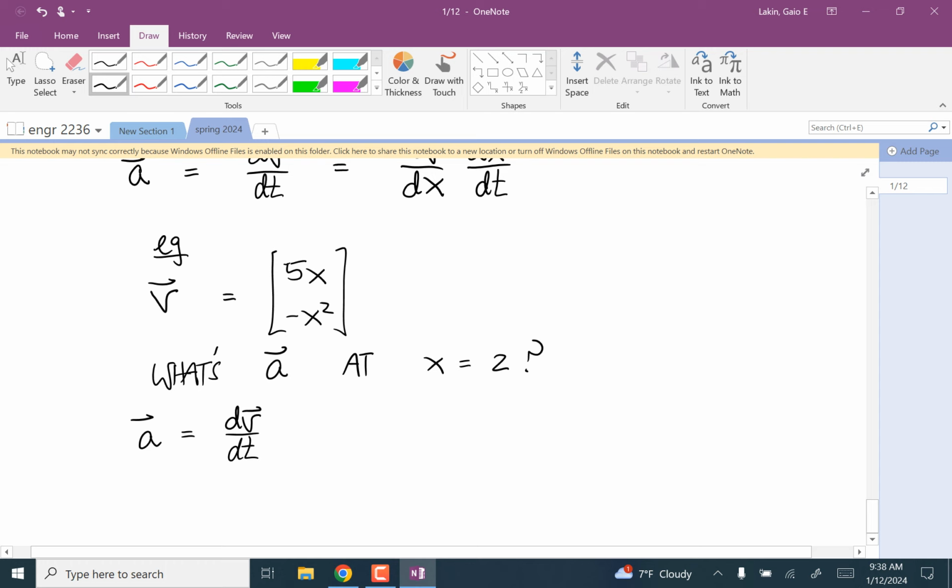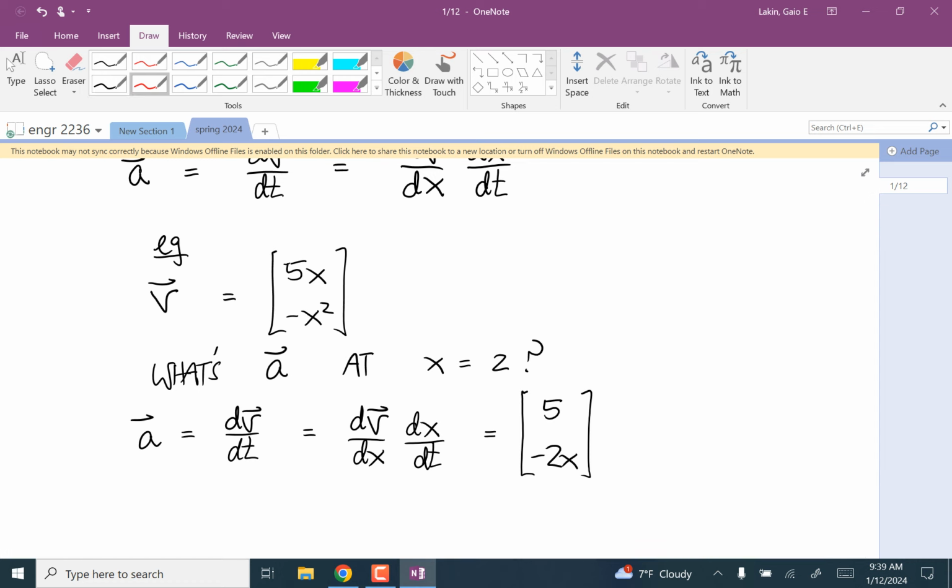So that's a problem. We can't take the derivative of this explicitly with respect to t, but what we can do is write this as dv dx times dx dt. So that is (5, -2x), and now we have to multiply it by dx dt. Do you see that?